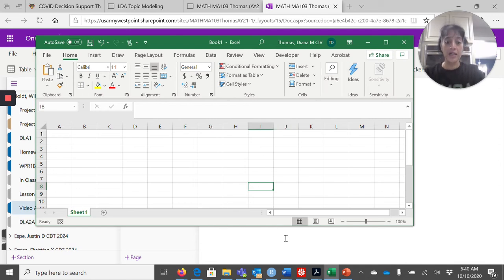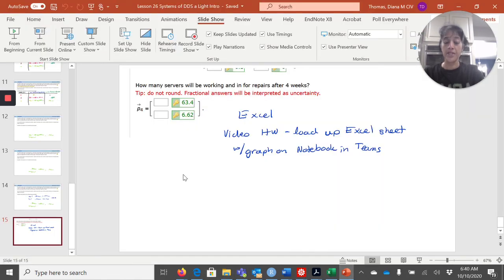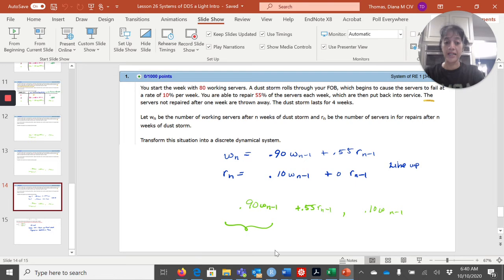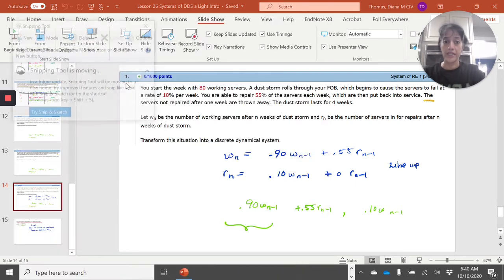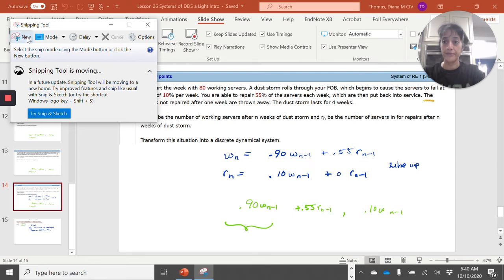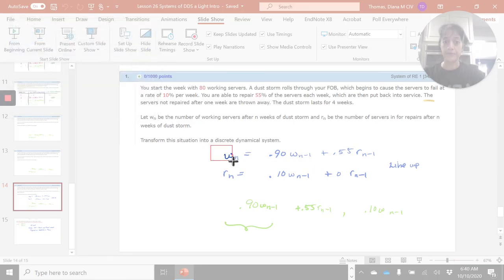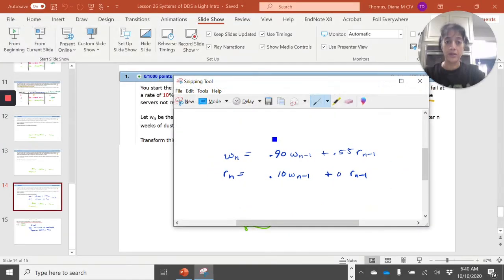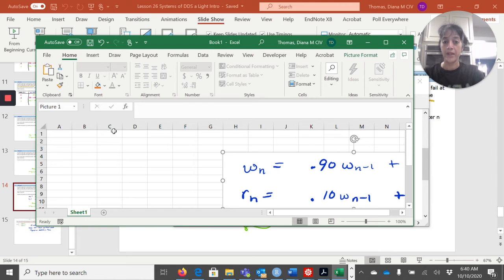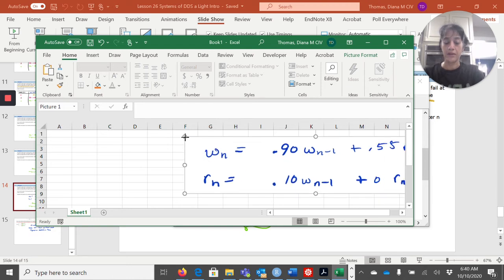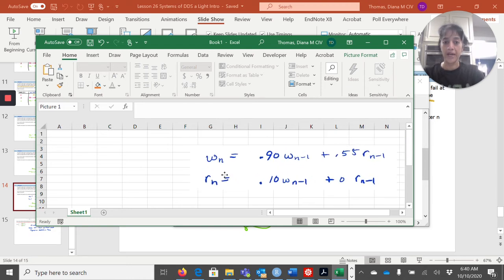So let's do this WebAssign now. What you do is you go back. Let's go back to this. Let's snip out this equation, and let's pump it into here so I can see it. My eyesight's not that bad.